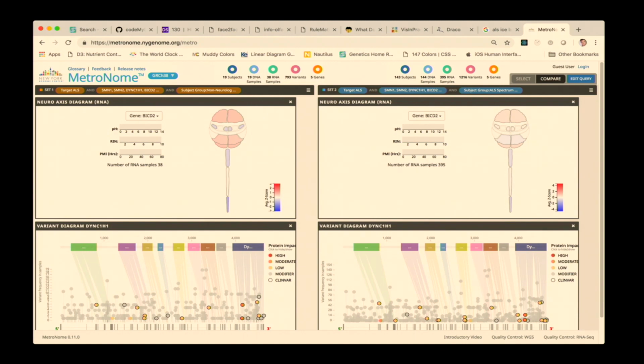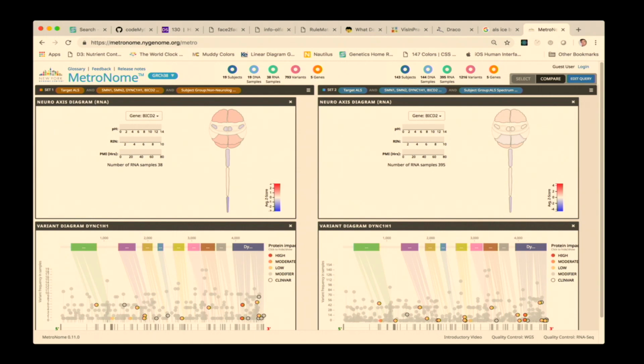And down at the bottom here, there's a gene diagram for this DYNC1H1 gene. And you can sort of see a little bit of a difference between the healthy ones and the sick ones, in the sense that there are a few more variants over here.